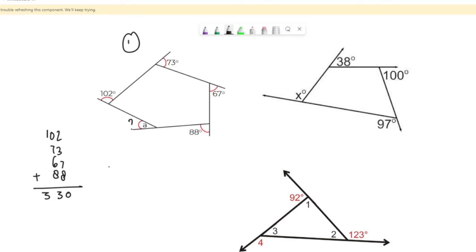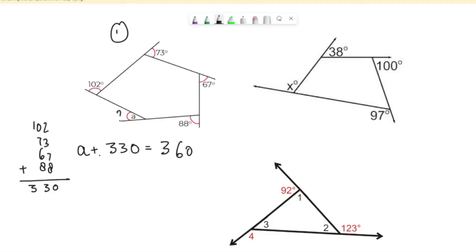They all add up to 330, and we know that all of these and A, the one missing, together make 360. So to find A, we have to subtract 330 from 360, and we'll figure out that A is 30 degrees. So this one is 30 degrees.